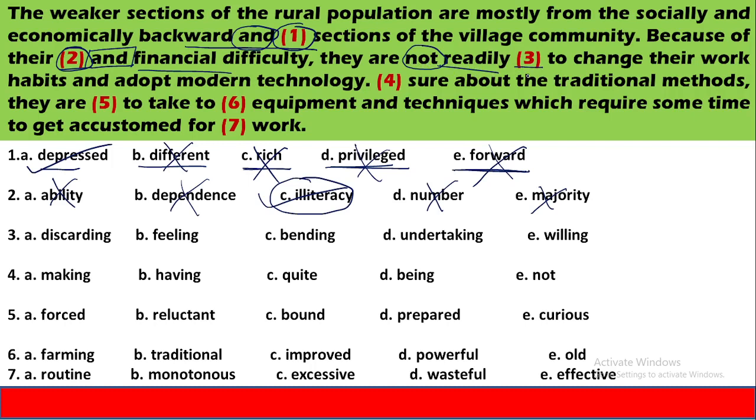So definitely the option that we will consider here will be of positive nature, because since the beginning till now, we have seen that the people are economically backward, financially poor, and illiterate. So definitely they are not ready to make any kind of positive change.